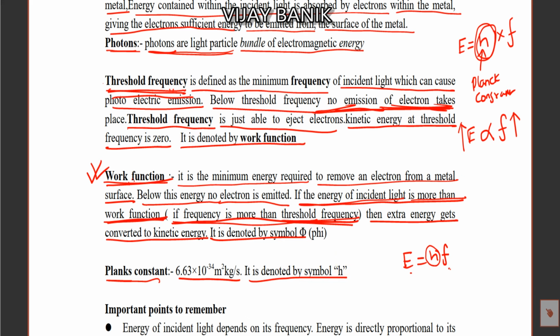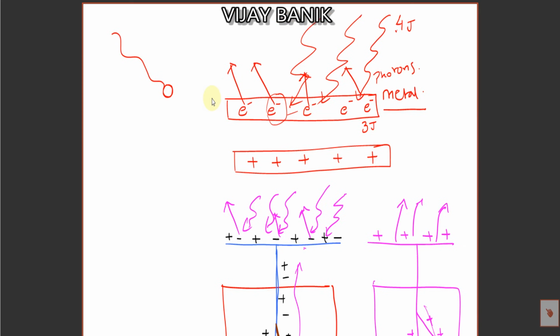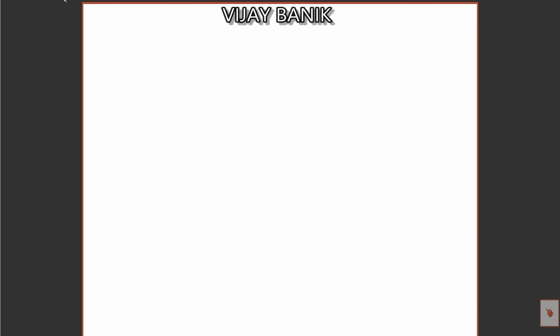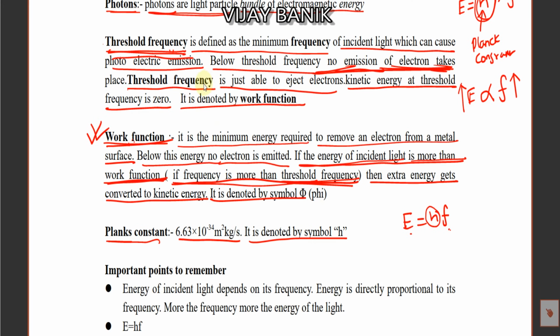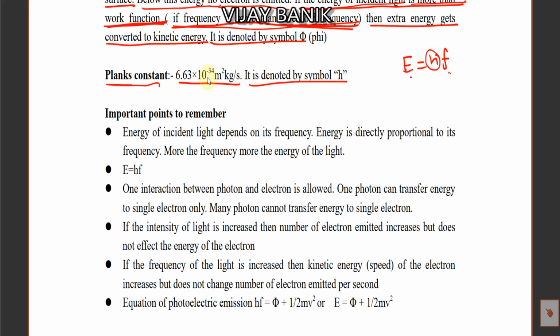Now all this concept we studied over here regarding emission of electron. Let me rub them and I'll tell you some important points regarding this. These are some bullet points that you guys are supposed to remember. Remember, the energy of the incident light depends on its frequency.